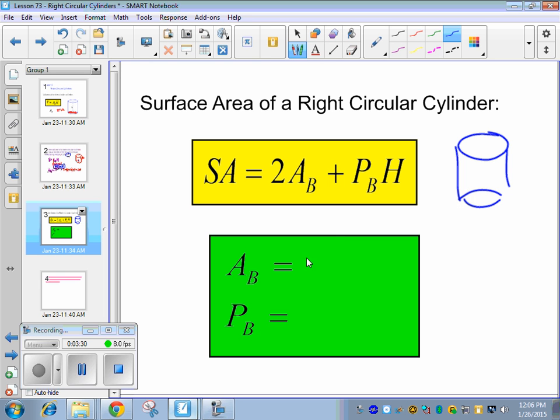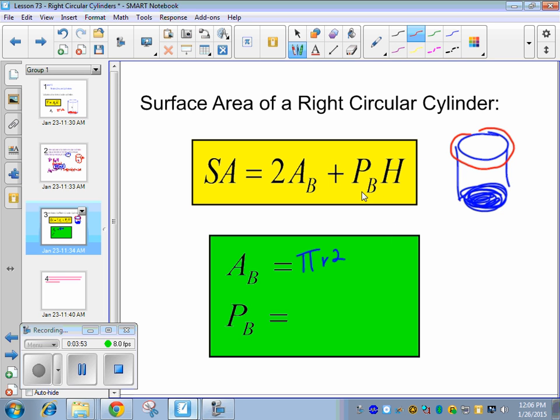And what's the formula that we're going to use for area of the base? Pi r squared, because it's a circle. So the area of the circle, right? And then when you unwrap a soup can, that's how we get the rest of it. Perimeter of the base times the height. That would be the outside surface area.